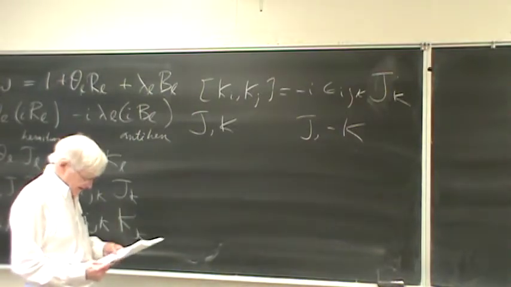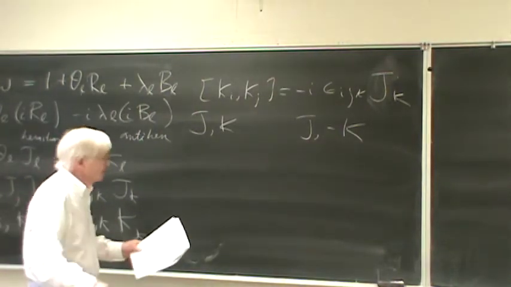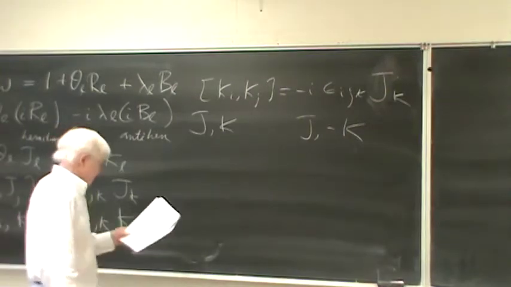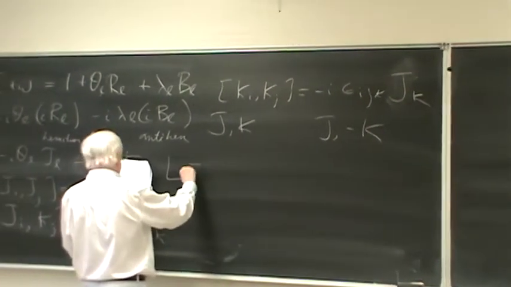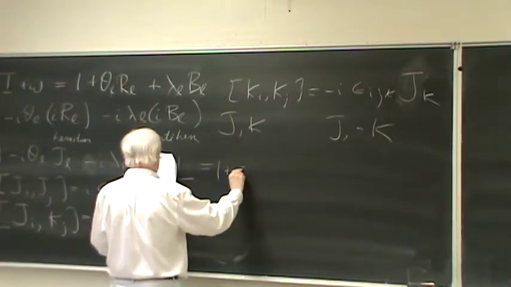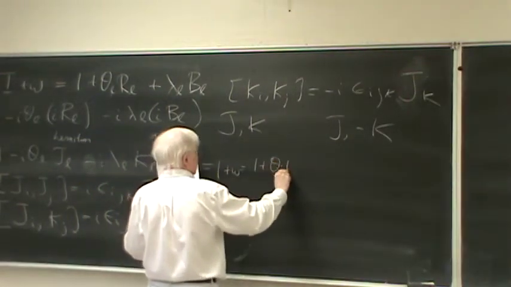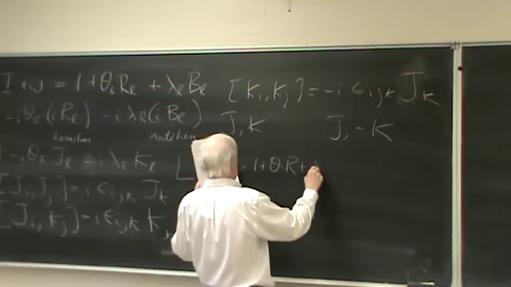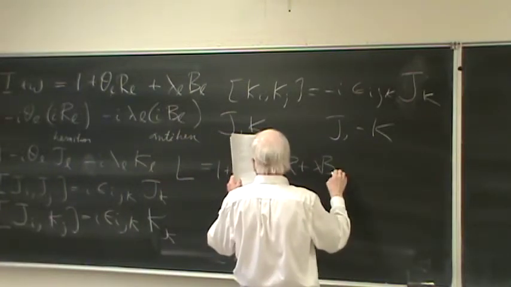All right, now, before telling you what the magic thing is, let me just write what 1 plus omega, or 1 plus theta dot r plus lambda dot b, is.